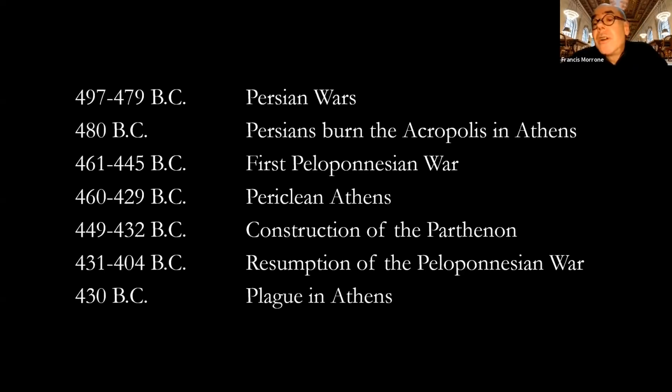Some major events. When you're thinking about the architecture of ancient Greece, you're not necessarily always going to be thinking of where they fall in relation to these major events. Suffice it to say that the golden age of Greece, as we often think of it, Periclean Athens, was a very short-lived period in between wars, massive, bloody wars.